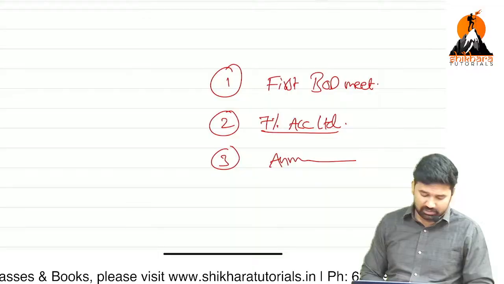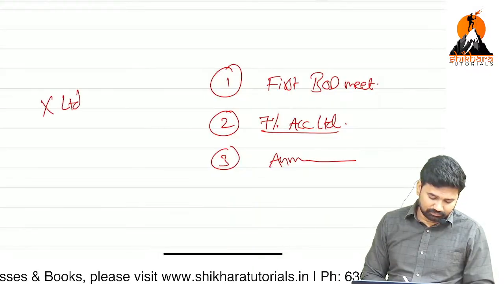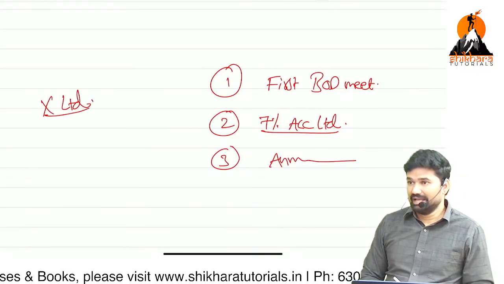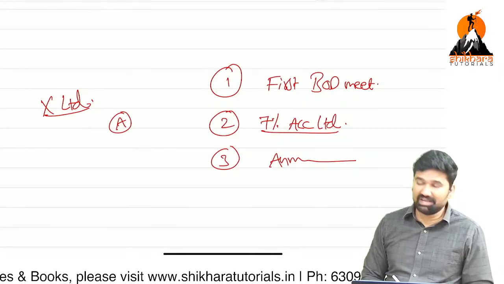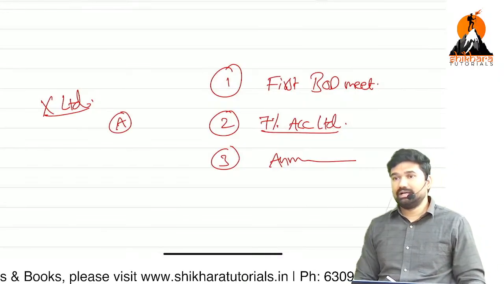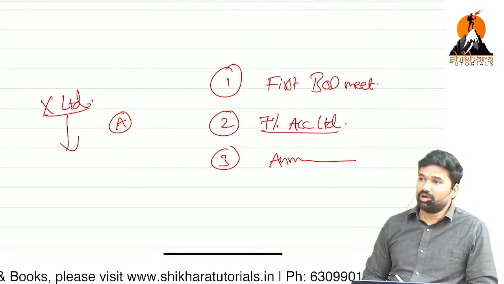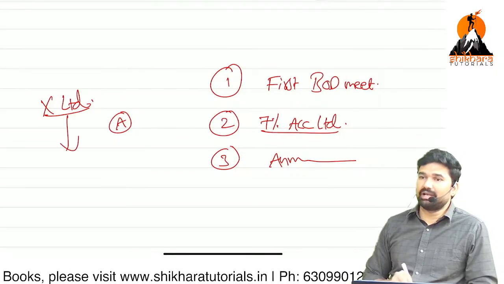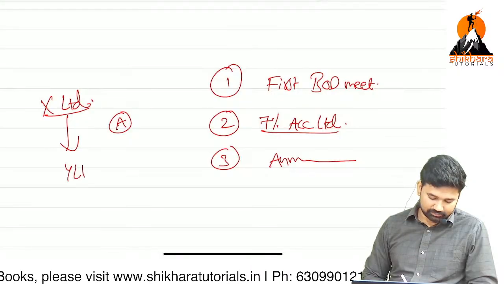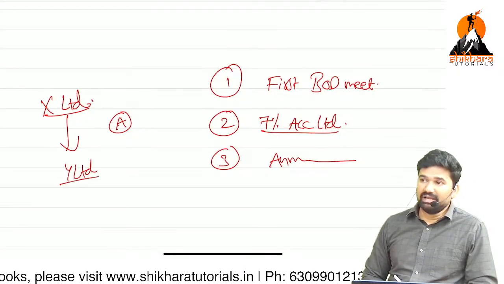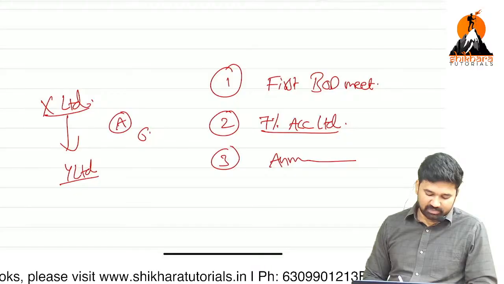Say for example, X Limited. In X Limited, Mr. A is one of the directors. X Limited is going to form a joint venture, or X Limited is going to enter into a contract with Y Limited. In Y Limited, A is holding 6% ownership.